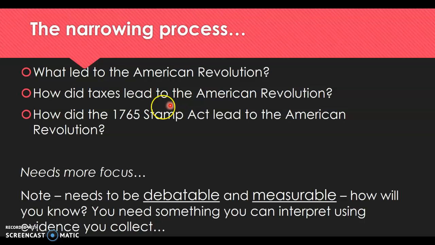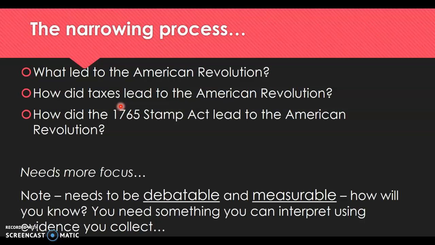Even that is a little bit broad because there are so many taxes. What might I be able to do if I'm looking at all of the taxes? They all have different outcomes, and they might all have different historical context. They don't all come out at the same time. The very last tax that's imposed might be more problematic because earlier taxes were already imposed. So I want to focus on one tax.